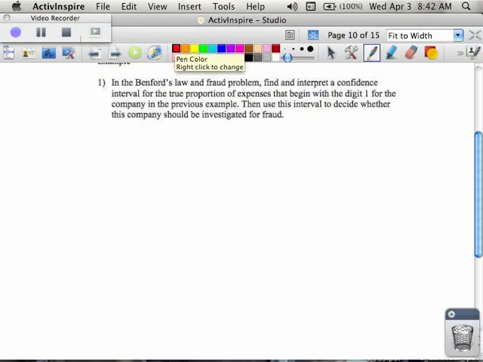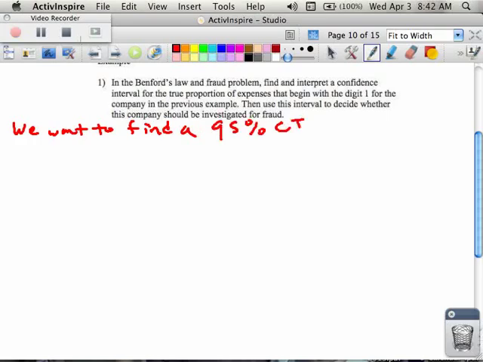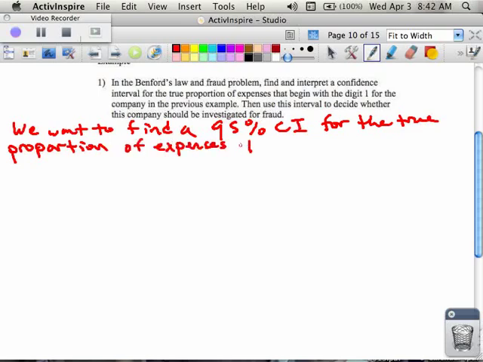First of all, when you're starting out, instead of going H0, HA, you start out like we have in the past and say, we want to find a 95% confidence interval for the true proportion of expenses that begin with the digit 1.